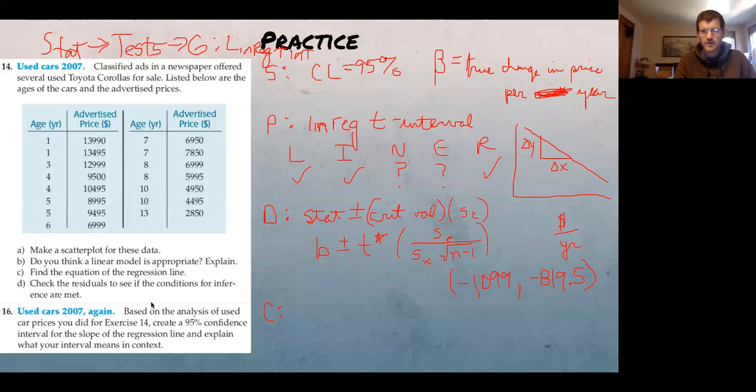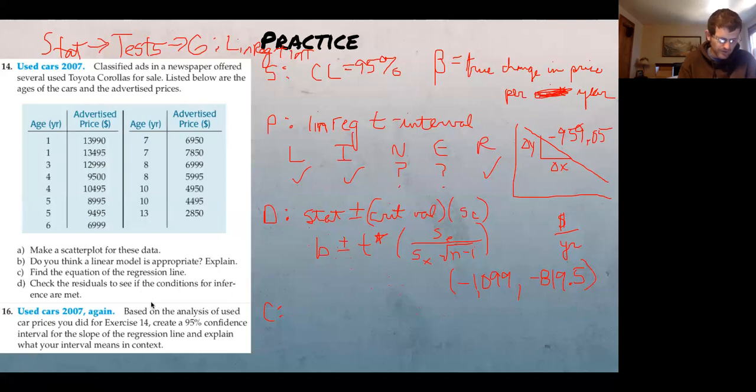The slope we looked at was about negative 959.05. We're saying that we expect this car to lose about 959 dollars per year. So it comes back to a real world kind of explanation.